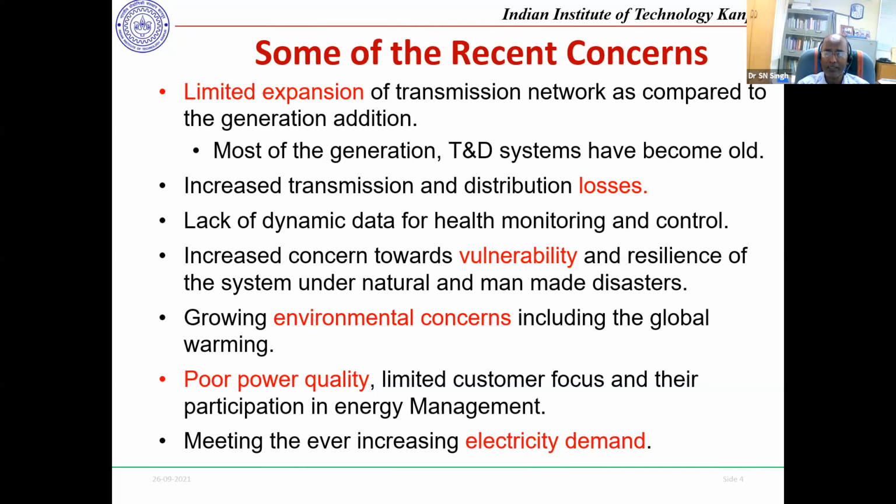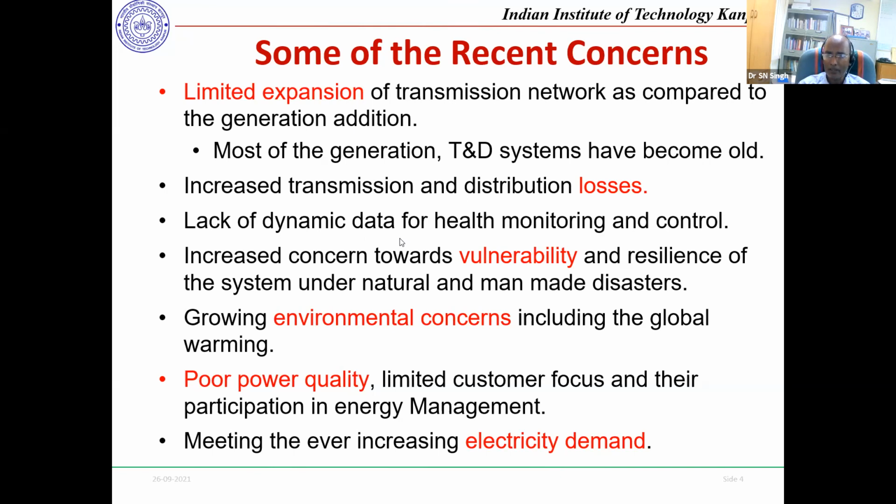Normally we say aggregated technical and commercial loss. Commercial loss means you are not able to collect the money, or the consumption is not metered properly. So those losses are also there. Once you keep on increasing generation and demand, because you are not recovering the money, your AT&C losses are increasing.